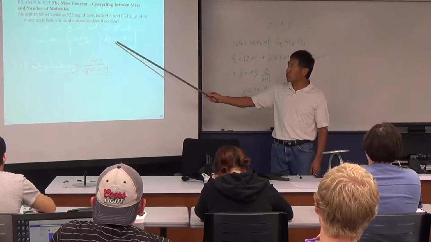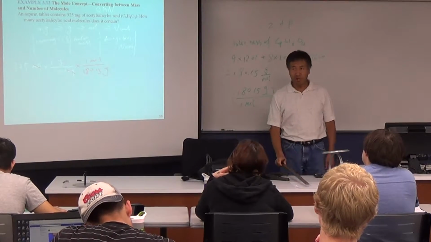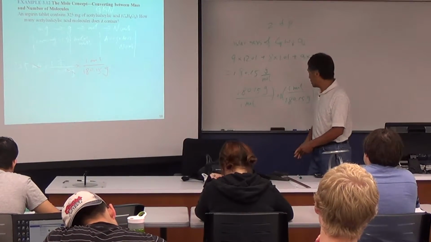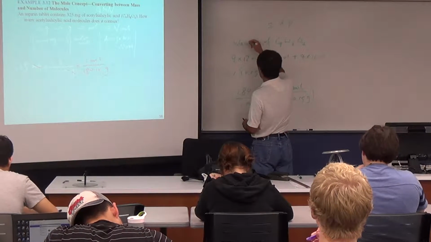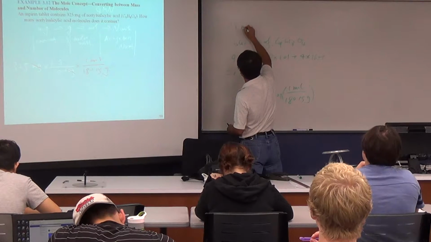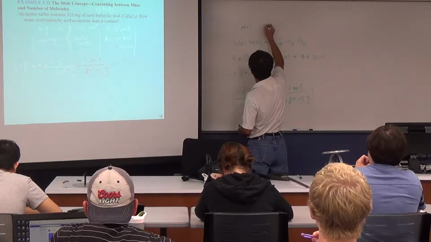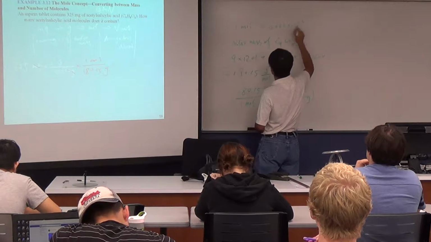What do we use to go from mole to numbers? Avogadro number. Which means you will see that equation. You can write that out or not. That means 1 mole of anything equals 6.022 times 10 to the 23 anything.